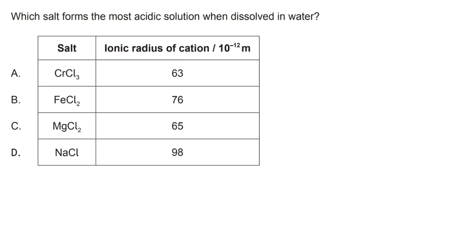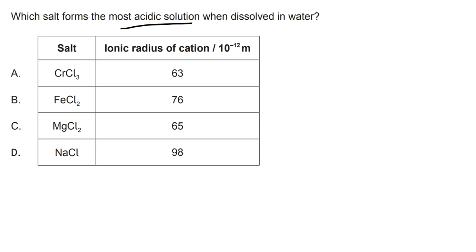Next, which salt forms the most acidic solution when dissolved in water? Most acidic means we're going to look at the strongest acid. Sodium chloride, no, it's not going to be it. Magnesium chloride, nope. I'm not really sure how to do this one.